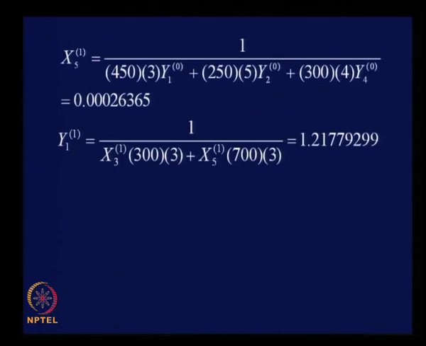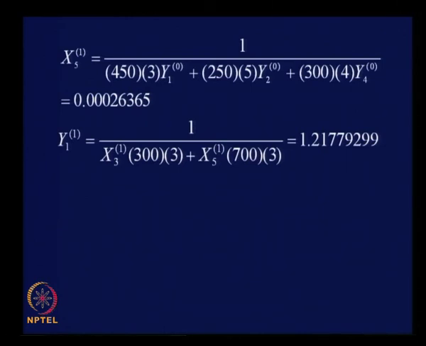Then y11 will be 1 by x31. Please note it is not x30, it is x31 because we have just got the x31 value. So you can use that immediately, right. x31 can come into this calculation because we already have the value calculated using y10, y20 and so on.